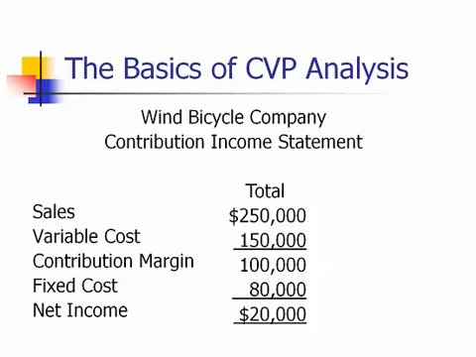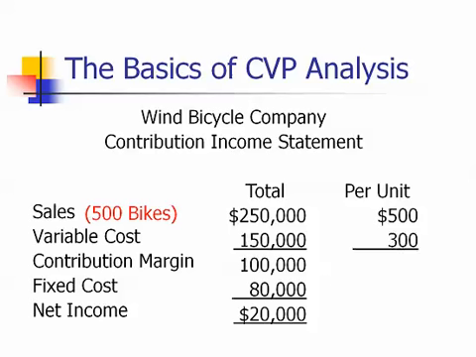The power of the contribution margin approach comes when we state sales and variable cost on a per unit basis. If Wynn sold 500 bikes for a total of $250,000, that gives us a unit price of $500 per bike and a variable cost of $300 per bike.